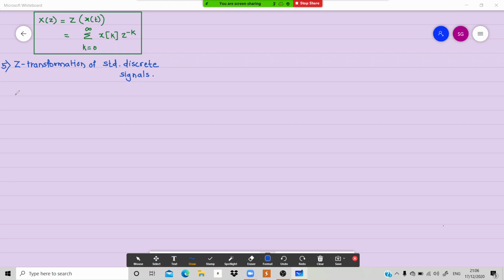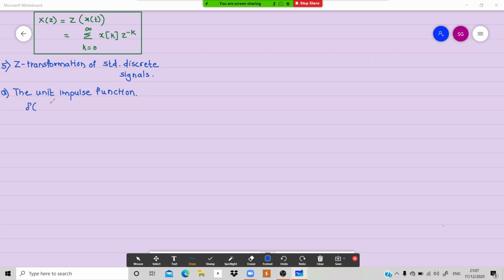And number one of that, let us say I'll mention it A, the unit impulse function. Unit impulse signal also you can say, or unit impulse function. Impulse function you know, and unit impulse also you know. All these signals already I have explained you.